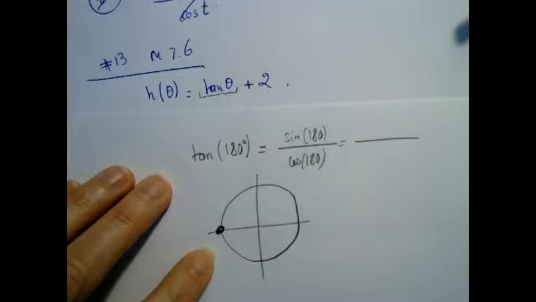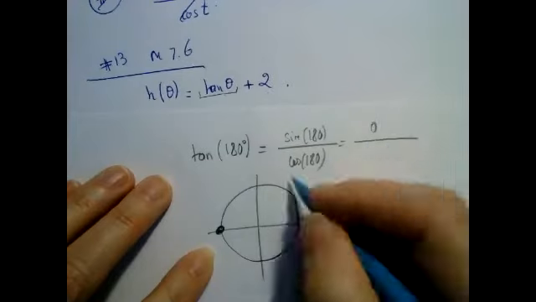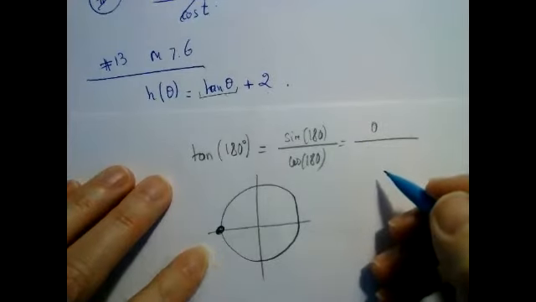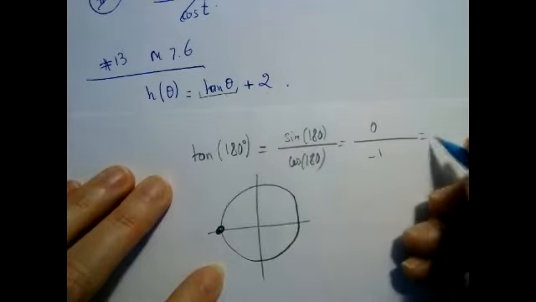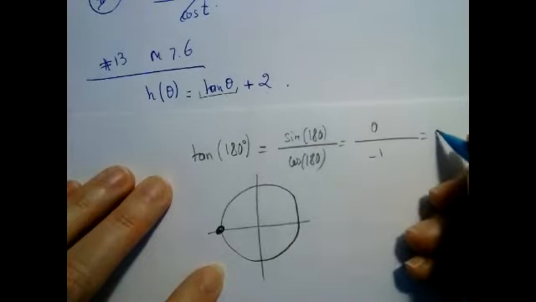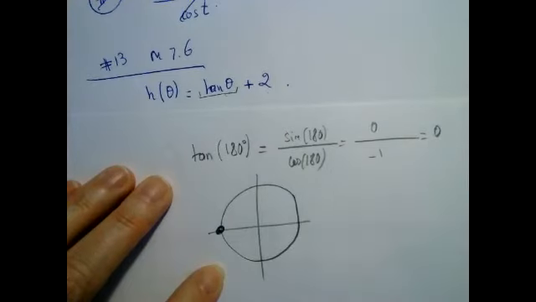Travis, what's the sine? 0. What's the cosine? -1. 0 over -1 is what? 0. There is no issue with that. So there is no issue with tangent 180.